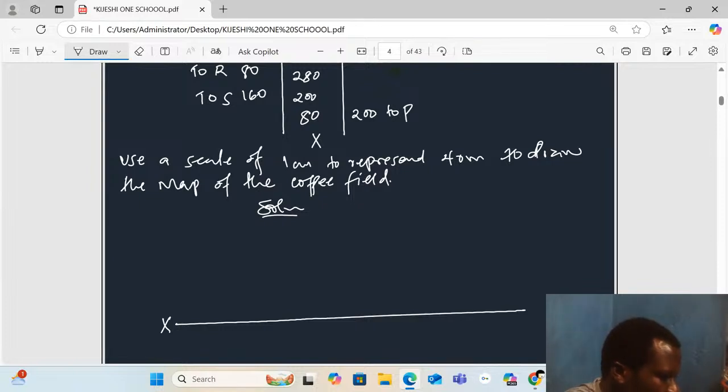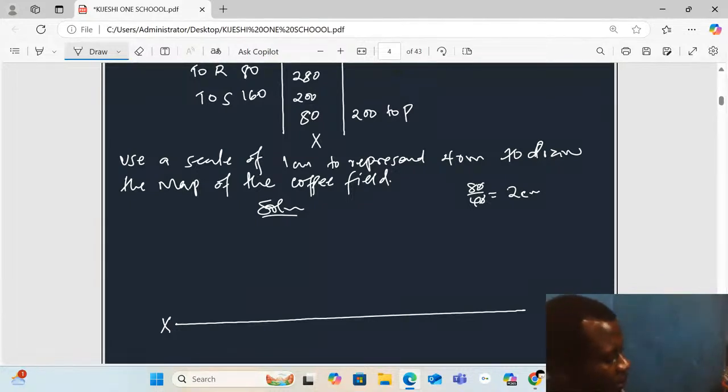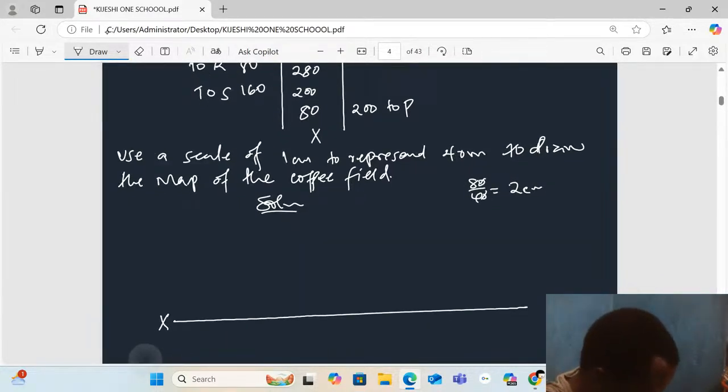Using a scale of 1 centimeter to represent 40 meters, we're going to have 80 divided by 40, which is 2 centimeters from X. So from X, measure 2 centimeters, and you shall have a point somewhere here.